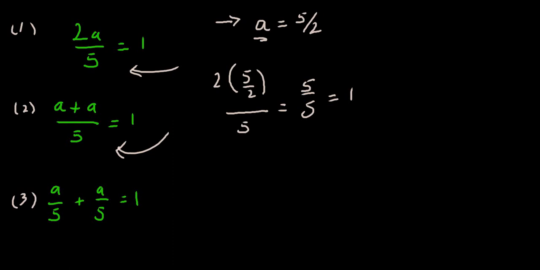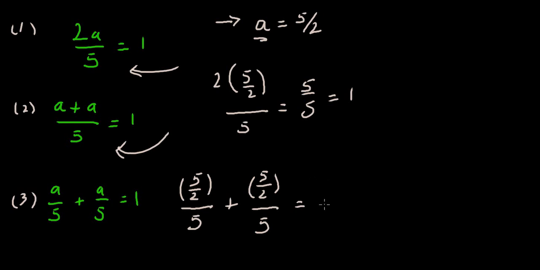So now what about our third equation? So we have a over 5 plus a over 5 equals 1. So we know that a equals 5 over 2. So what we have is 5 over 2, put it in brackets, divided by 5 plus 5 over 2 divided by 5 equals, and since both of our denominators are the same, we can simply add the numerators.